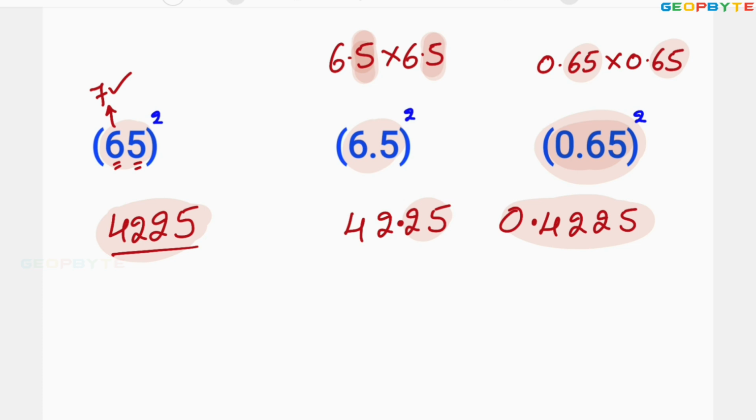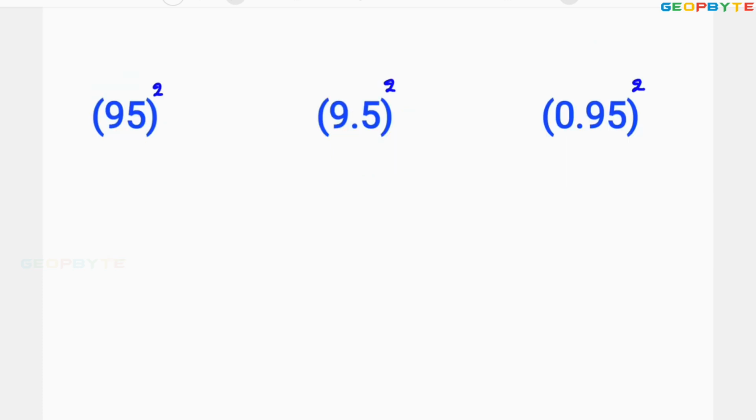Similarly, let us take another set of numbers. Look at the numbers 95 square, 9.5 square, 0.95 square. First, let us do the 95 square. You write 5 square is 25.